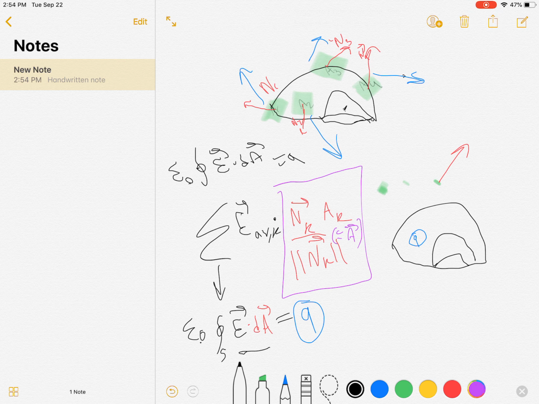So just a few things to point out. No matter where this charge is, if we move this charge here, move this charge here, wherever we move it, we're saying that this integral does not change, which is somewhat interesting. It's been defined in such a way that it doesn't change.